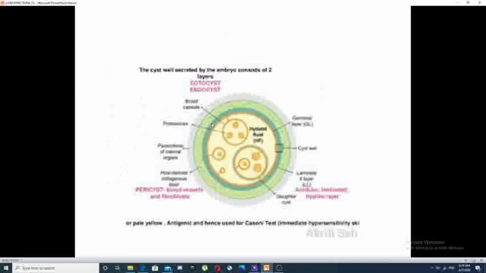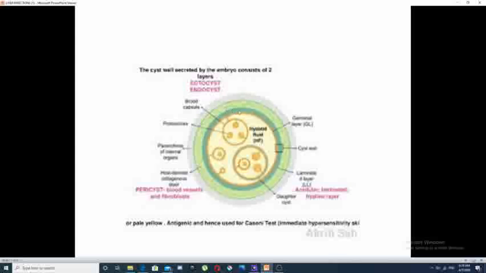This figure shows the layers of the hydatid cyst. This is the outer layer, which is called the ectocyst, and it represents host response to the parasite. As to say, it is part of the host tissues.